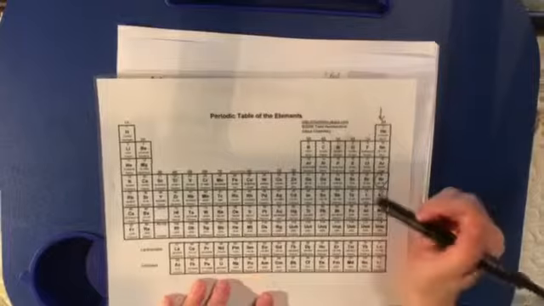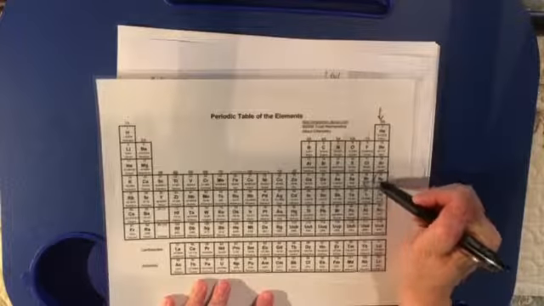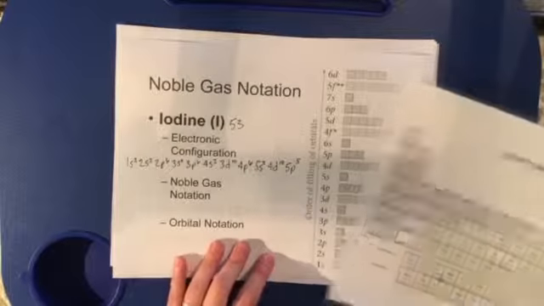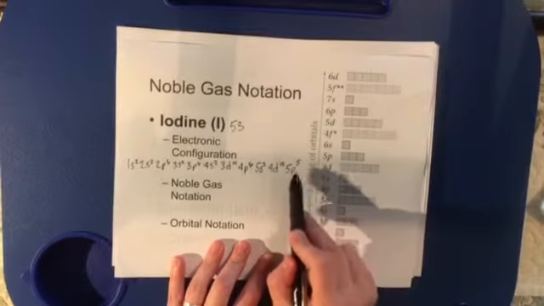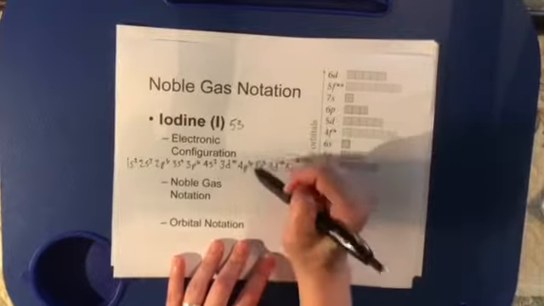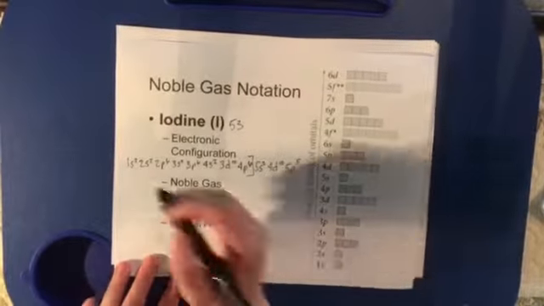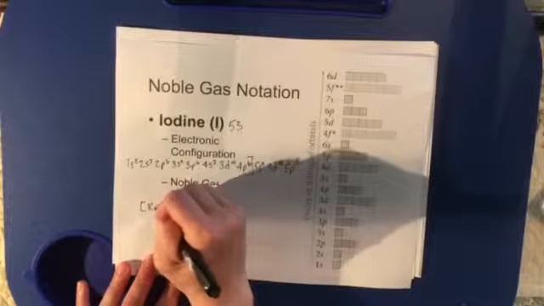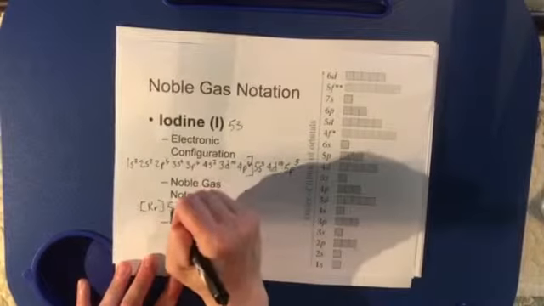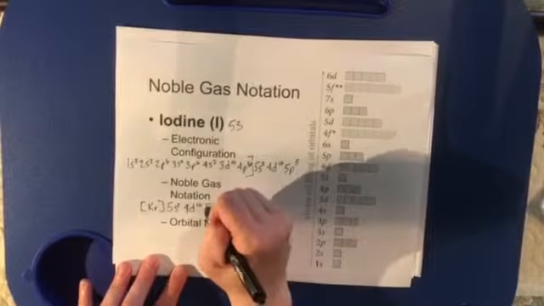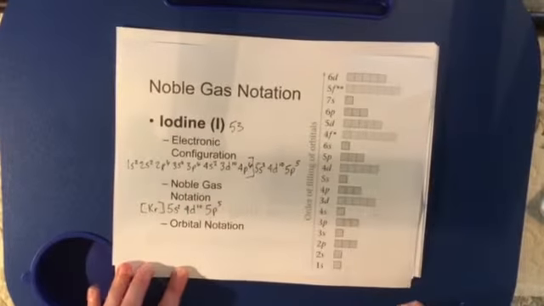Noble gas notation, we're going to go up 1 and over, so it's also krypton. And so krypton is 36, and you're going to go to your last full p6, which is right here. And that ends up being the 36. And so you say it has everything krypton has, and then it has 5s2, 4d10, 5p5.